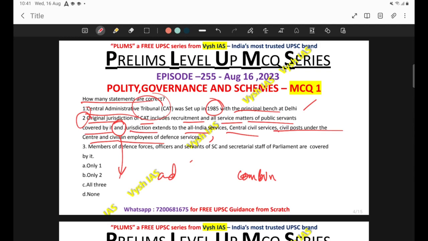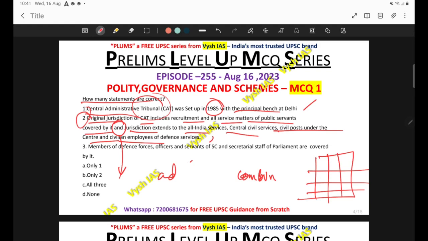This is also correct. So whenever you are learning these kind of constitutional bodies, non-constitutional bodies, I have already said, you have to make a table-like format and note down the details. What is the jurisdiction, how many members are there, who appoints, what is the nature of the body, whether it is constitutional, non-constitutional, or executive body, and what are the powers.